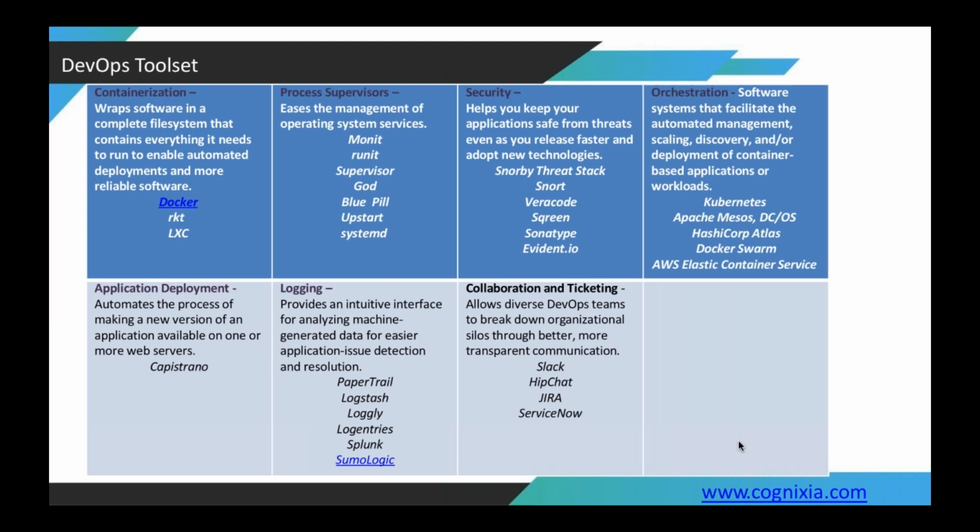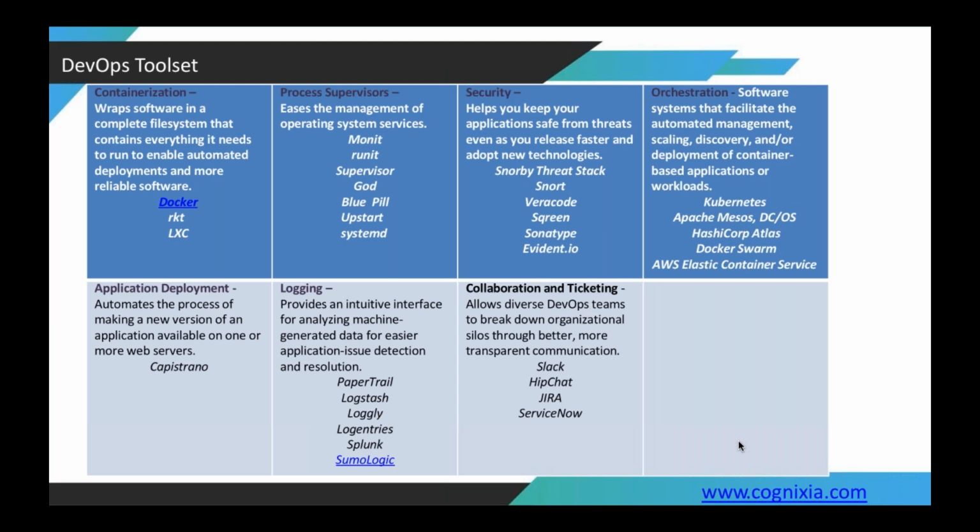You can scan for various bugs or security flaws in your systems using any of these tools: Threat Stack, Veracode, Sonatype, Evident.io. You can use any of these security tools, scan your system for issues, and then fix those security loopholes. So that's from the security end.